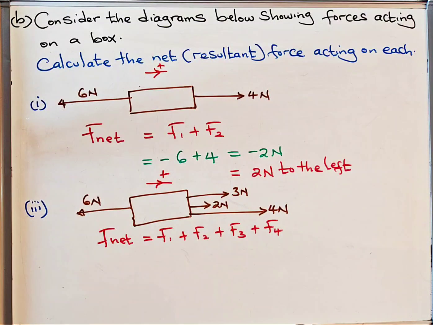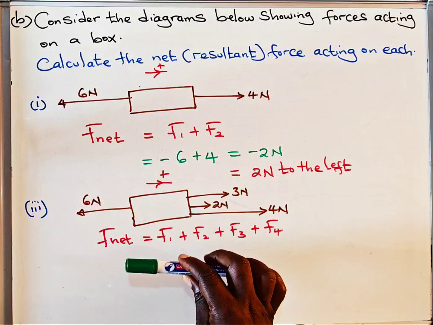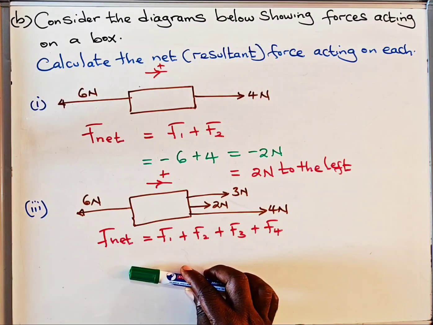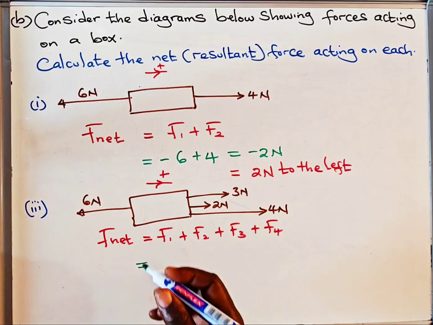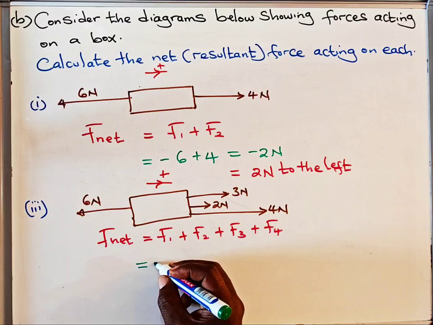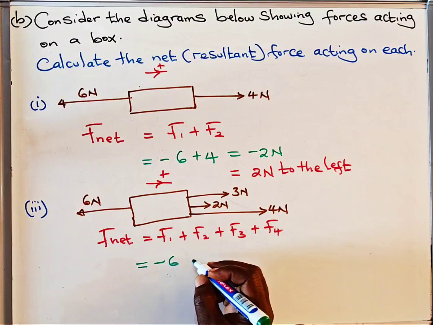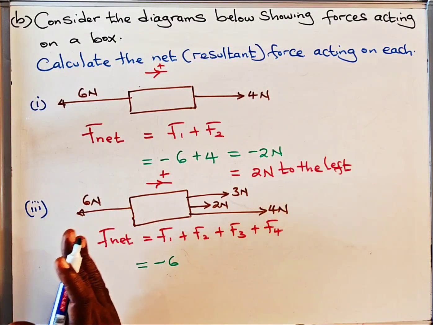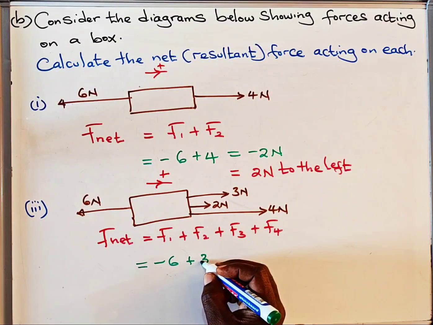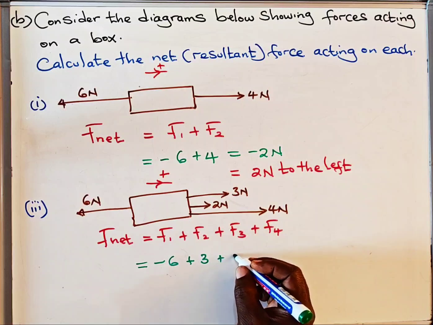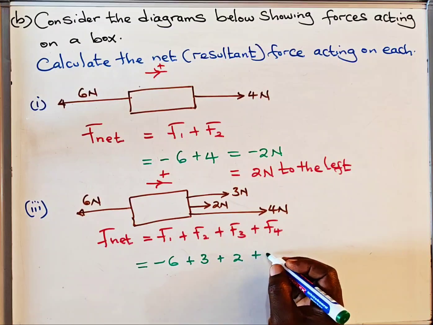And what is next? Next is substitution with their signs. Those towards the right-hand direction are positive and those towards the left-hand side are negative. So what I'm going to have here is negative 6, because it is towards left, plus 3 is positive, plus 2, plus 4.